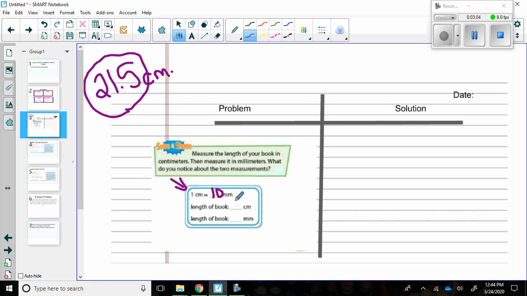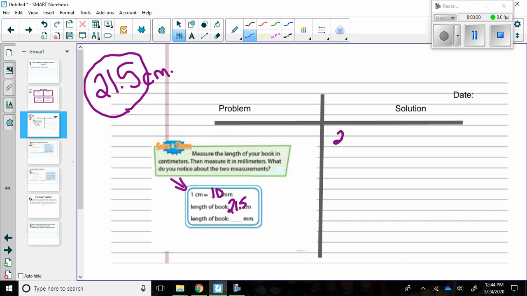We said the measurement of our book in centimeters was 21 and 5/10, or 21 and a half centimeters long. We want to convert that to millimeters without having to measure. So if I were to do this, I would think of that catchy song that we've been using to convert measurements. First step is write the equation.